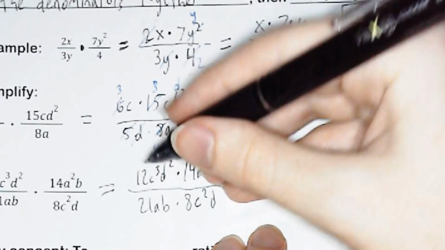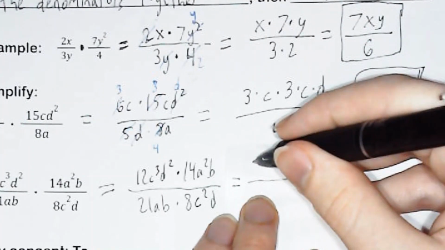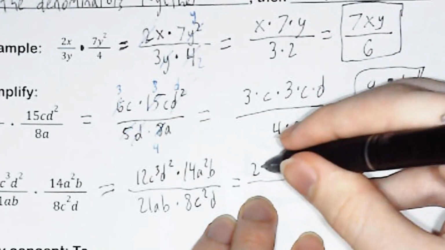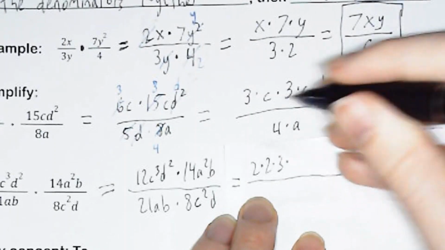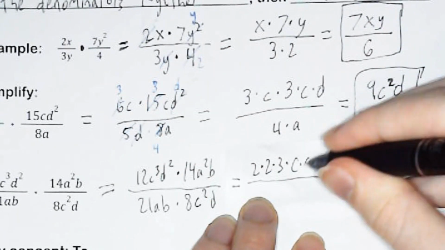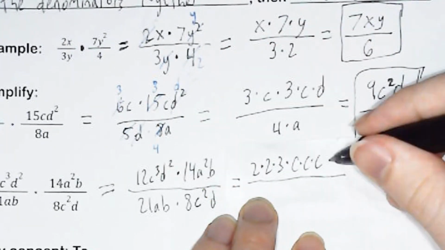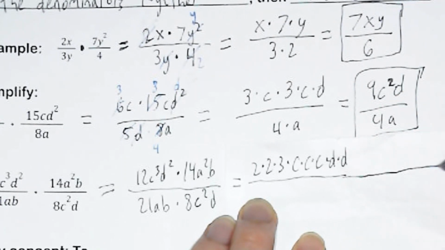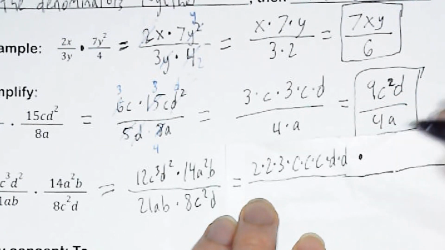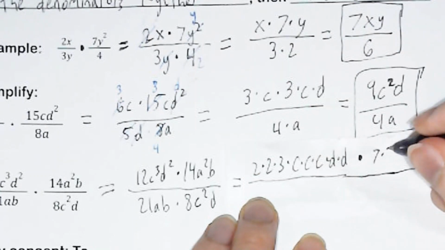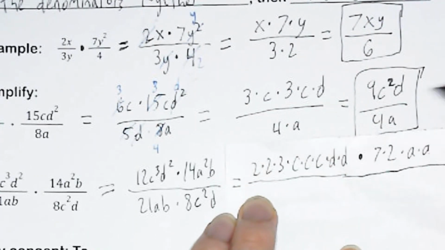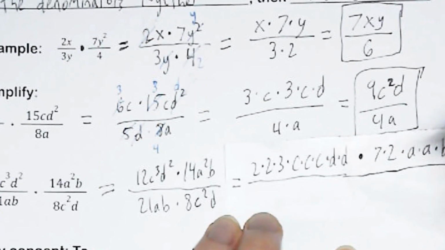But regardless, if you break down 12 all the way, you get 2 times 2 times 3. C cubed is c times c times c. D squared is d times d. 14 is 7 times 2. A squared is a times a. B is b.